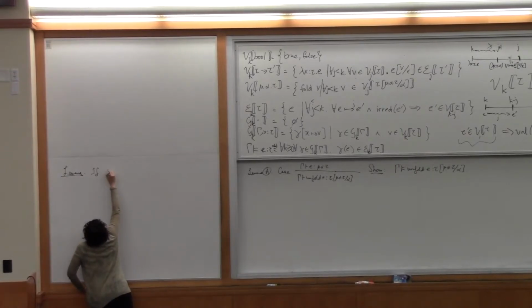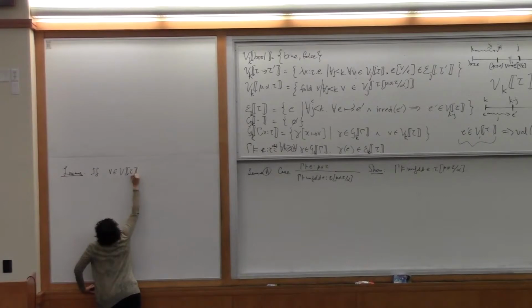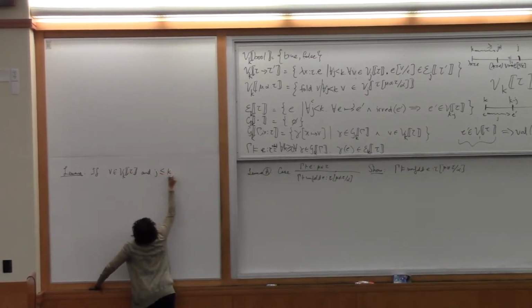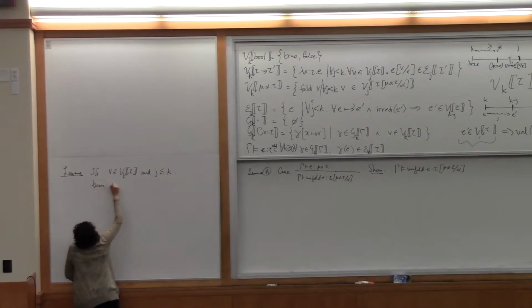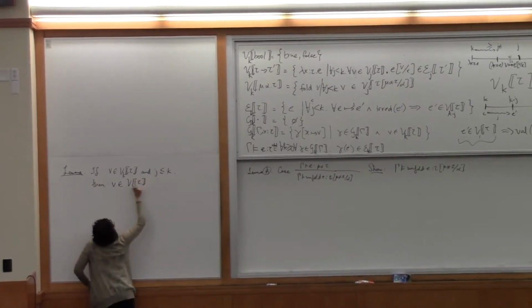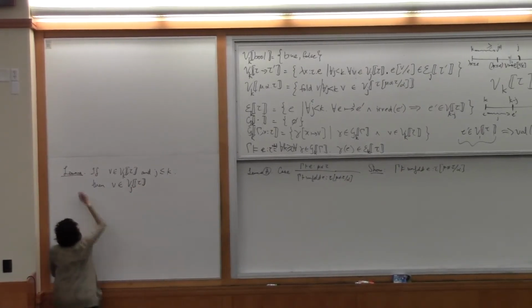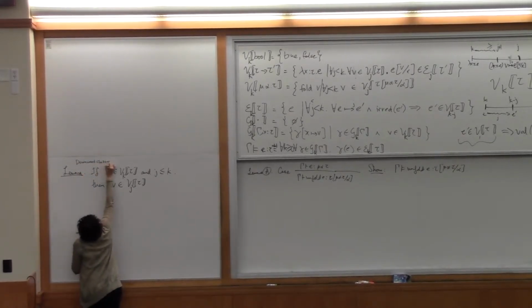So if you have some v that belongs to v of tau for k steps, and you have some j that is less than or equal to k, then it better be the case that v belongs to the v relation at type tau for those fewer steps. Sometimes we call this downward closure. More formally, we call it monotonicity.